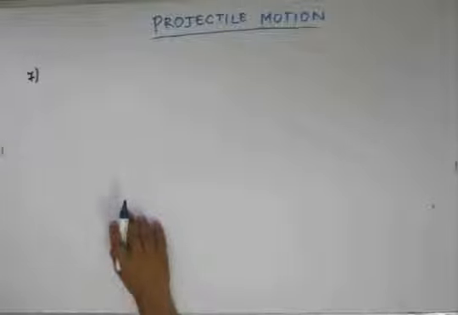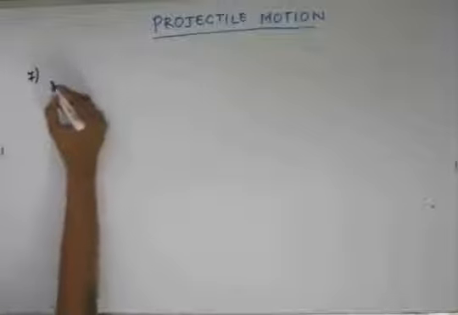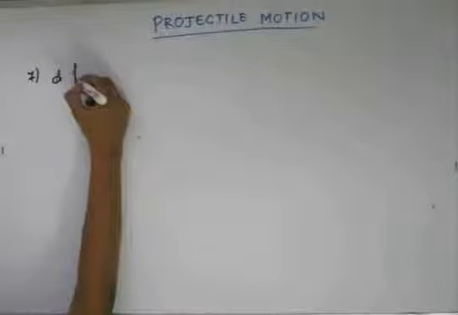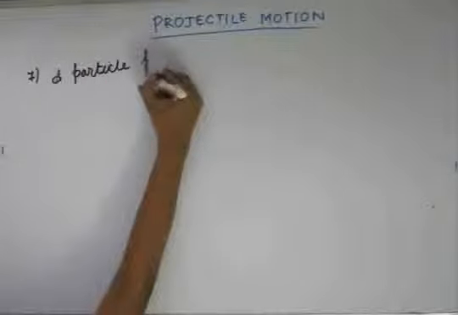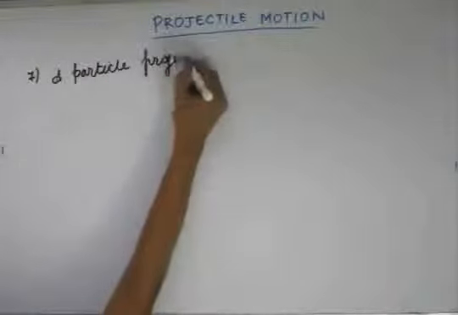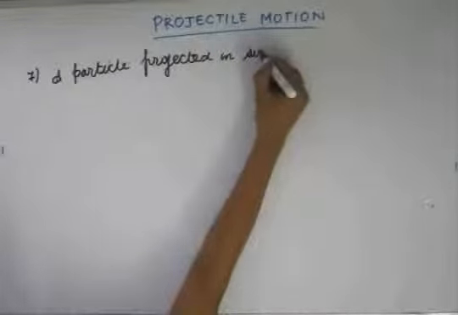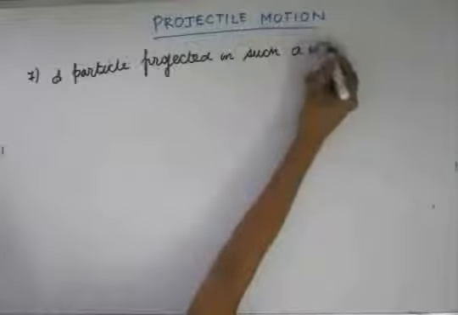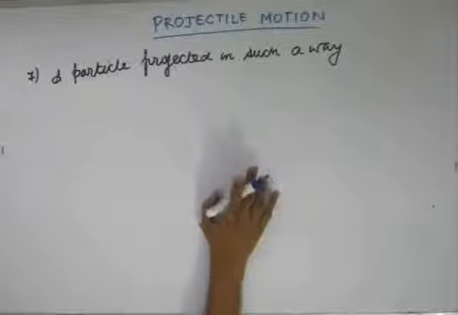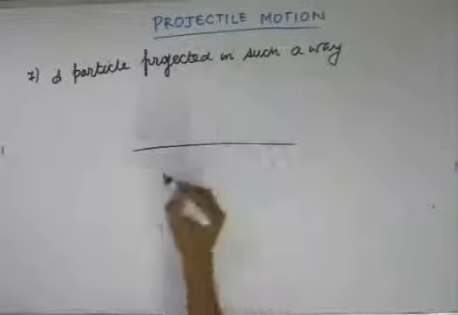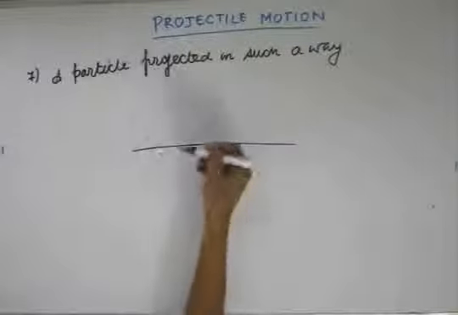The seventh problem says a particle is projected in such a way that it just touches two walls, each having height a, and the separation between the walls is also a.